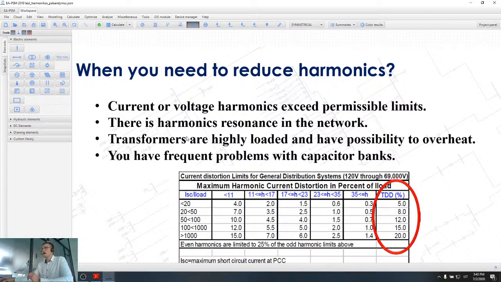So if you have highly loaded transformers, again you have to check the levels of the harmonics in your network, and if they are high, you have to reduce them based on the permissible limits.